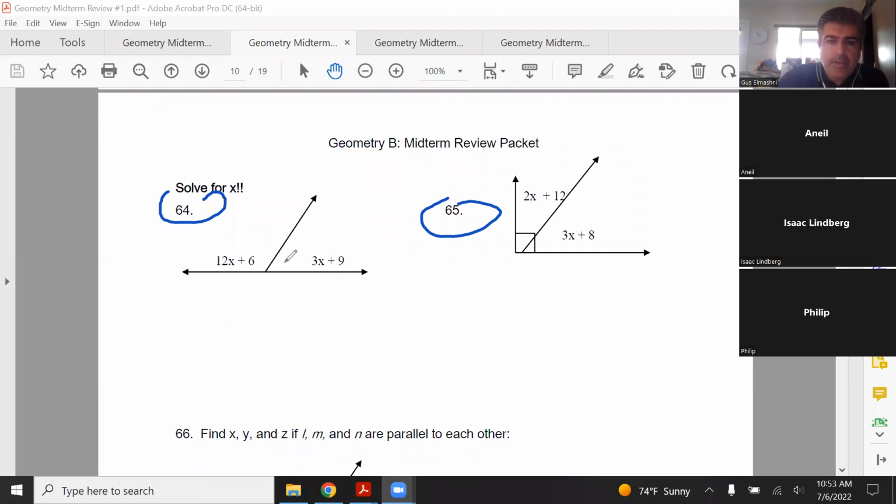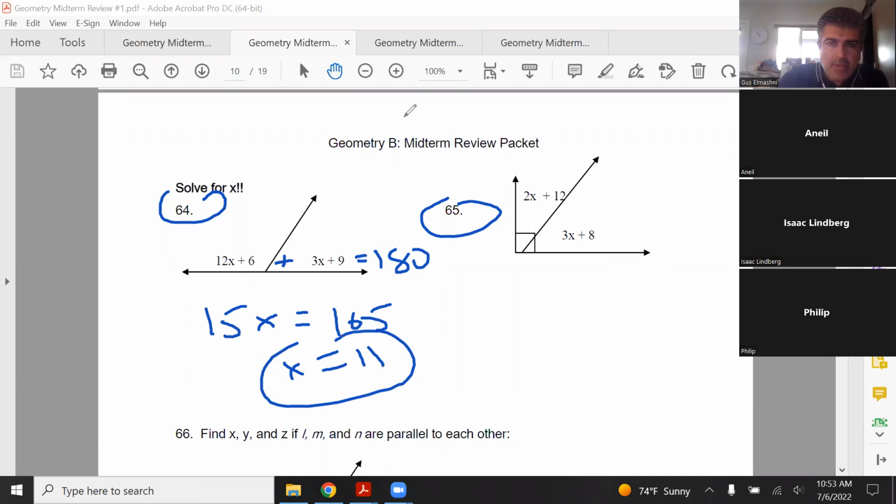Okay, hopefully you know that these two have to add up to 180. So 15x equals 165. X is 11. Because that would get you then 138 and 42.